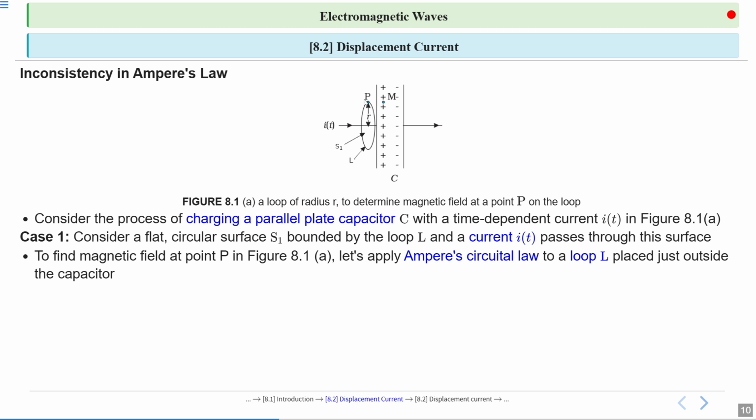We have seen the expression and derivation of Ampere's circuital law in that chapter. So B dot dl, due to the small element, is equal to mu naught times the current enclosed by that loop. What is the current enclosed by that loop? I(t). So let's apply Ampere's circuital law to loop L placed just outside the capacitor.